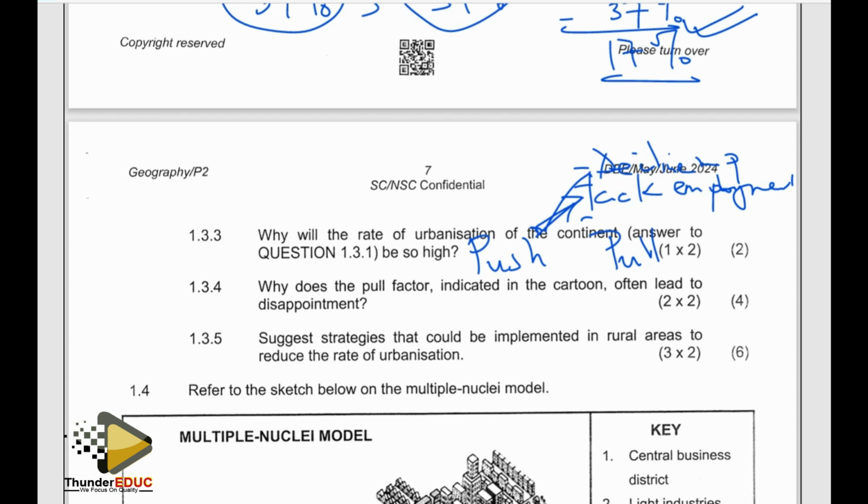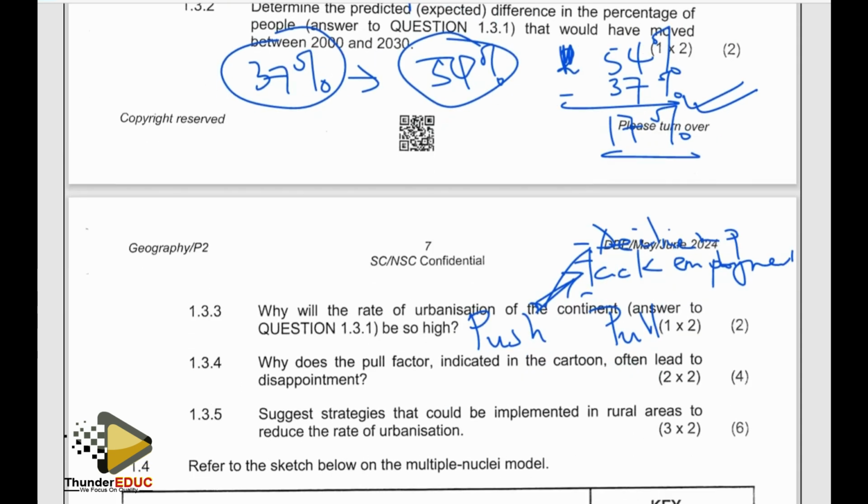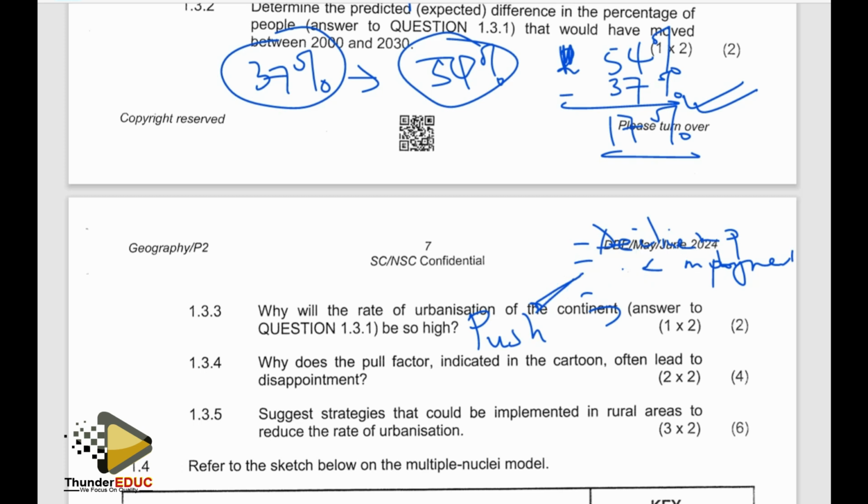Or if you want to look at it from the pull side, we're now looking at what is in the urban area that attracts people to come from the countryside and want to join the residents of urban areas.